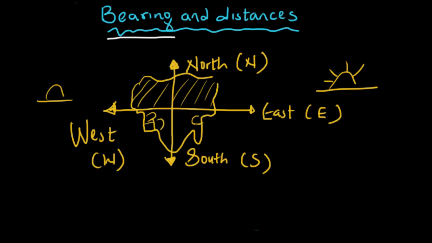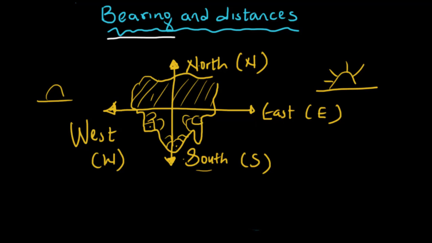East, Ebonyi, Imo, Anambra, east. Then south, we have Akwa Ibom, Bayelsa, those states in the south. What I just want you to understand is that up is north, your left is west, your right is east, and then below is south.